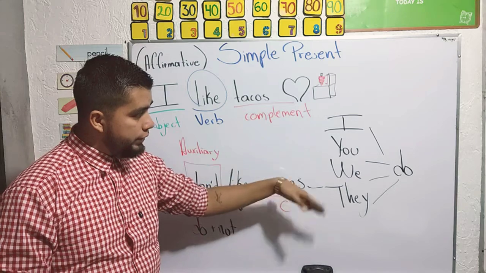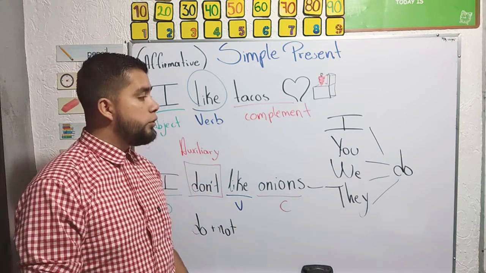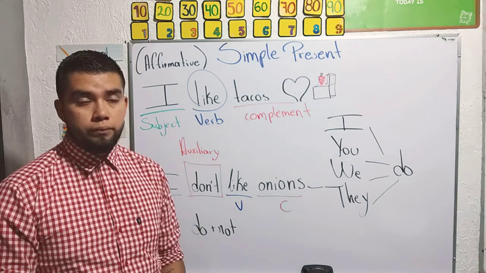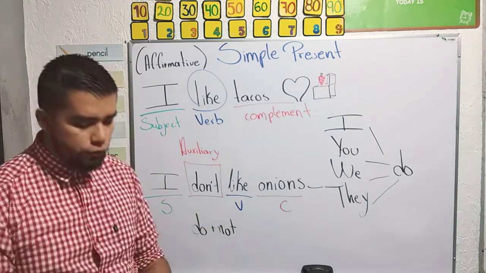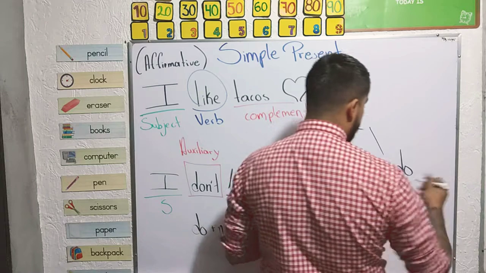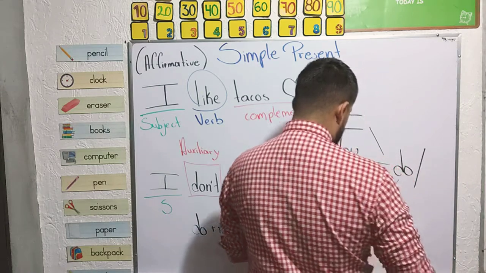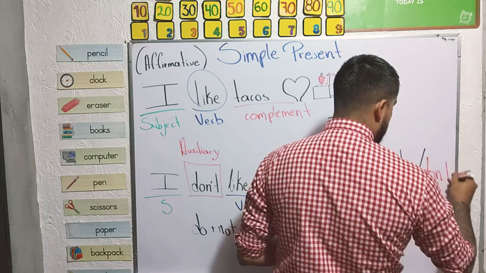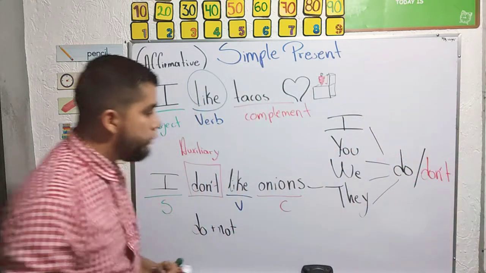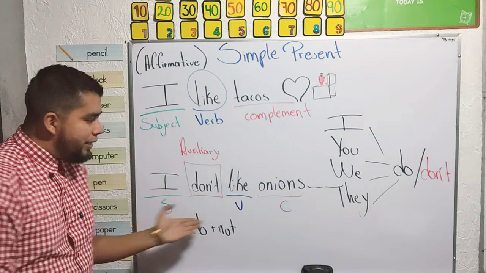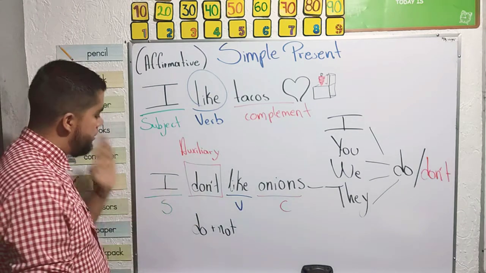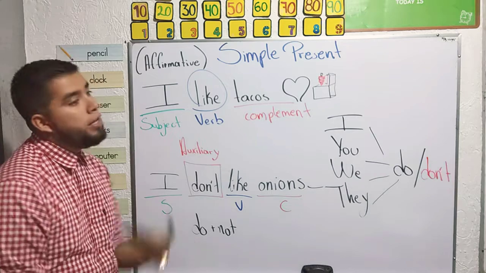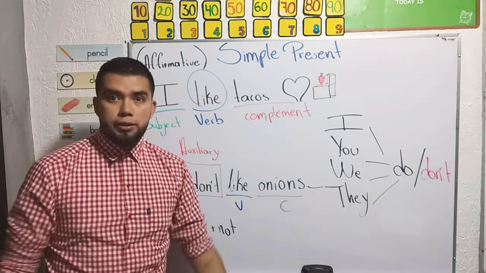For I, you, we, and they, the auxiliary is going to be do. In negative form, do not, or contraction form, don't. So we can say I don't like onions, or they don't like onions, we don't like onions, you don't like onions, etc.